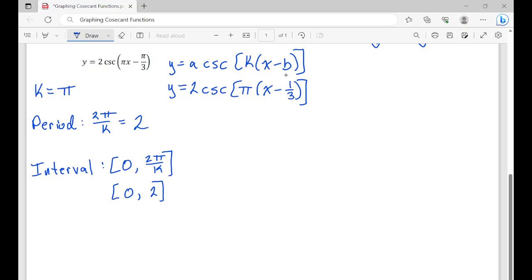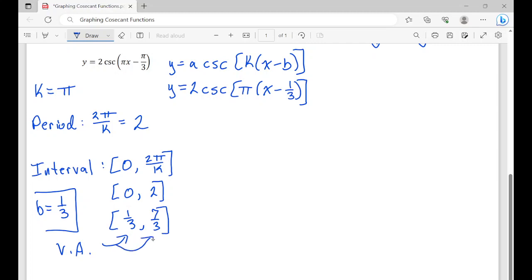Since it's minus b and minus a third, b is just a positive third. So that means I'm going to add 1/3 to both of these to shift the interval. So when I do that, I'm going to end up with 1/3 and 7/3 as my interval that I'm graphing, including the fact that these are also my vertical asymptotes.